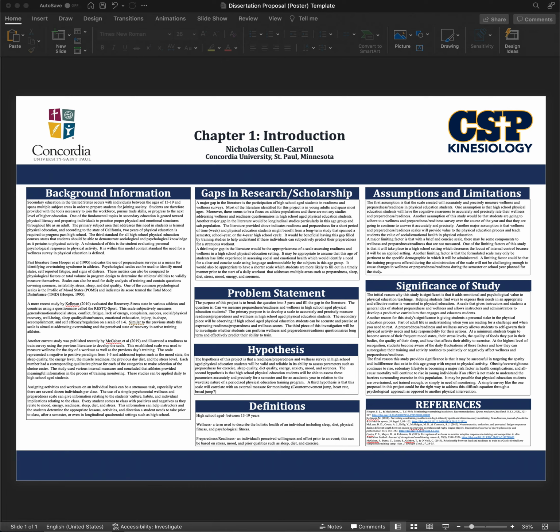And then it gets them engaged in avoiding overtraining as well as avoiding undertraining. It's a difficult equation to solve, and I think it's just another approach from a different perspective that might have a positive effect on this particular student population.